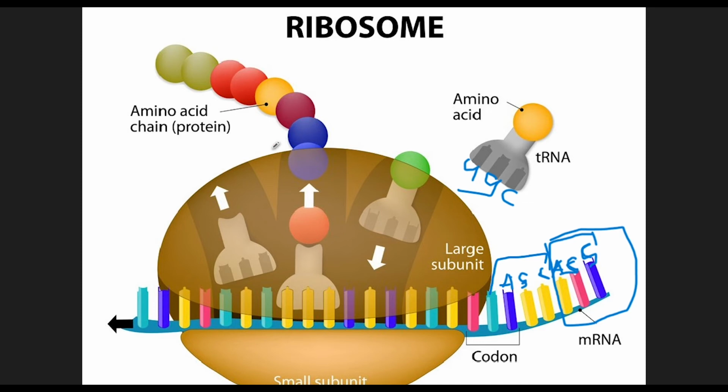These amino acids were made by copying from the messenger RNA that was brought to the ribosome. They are held by the peptide bond. Once we have many amino acids, then the protein is formed. This is how we make a protein.